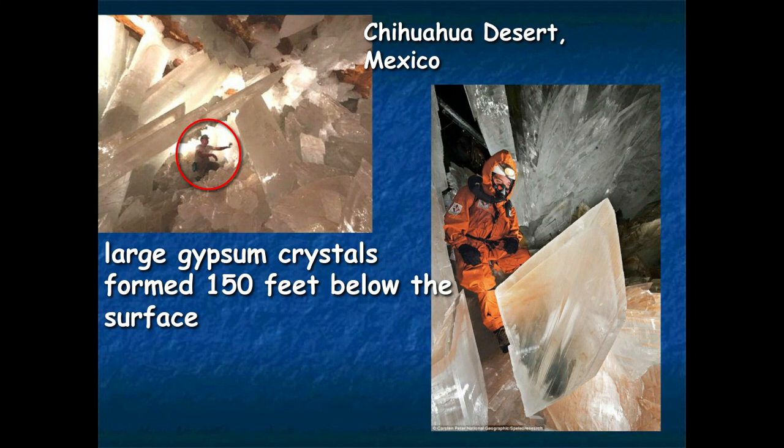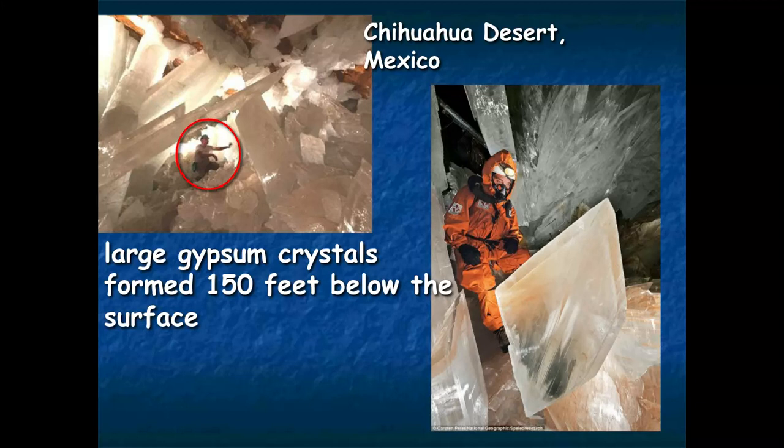What they found was a huge area in which there were enormous gypsum crystals that had formed. What you're looking at in the slide here are gypsum crystals, gypsum being a very common evaporite mineral. It's a calcium sulfate mineral, and very common on the Earth's surface.